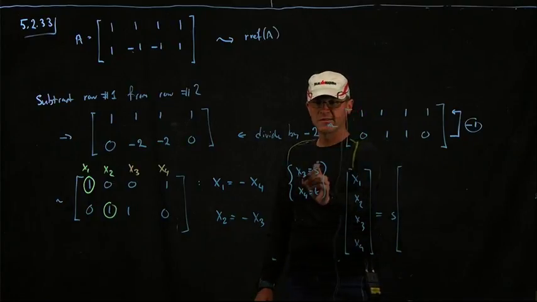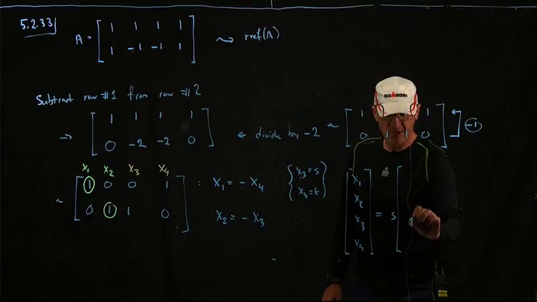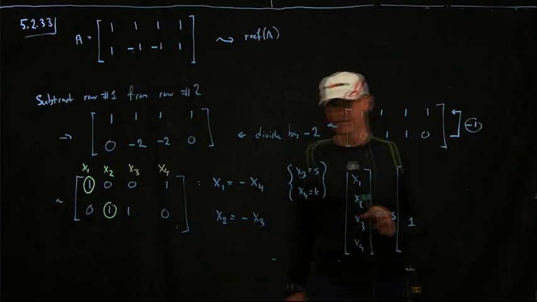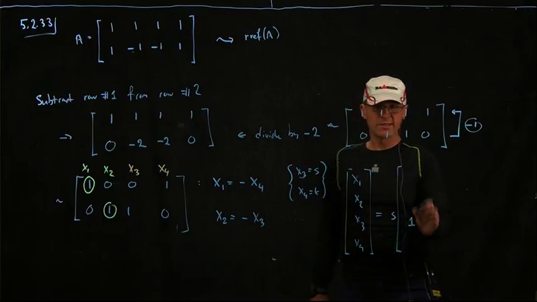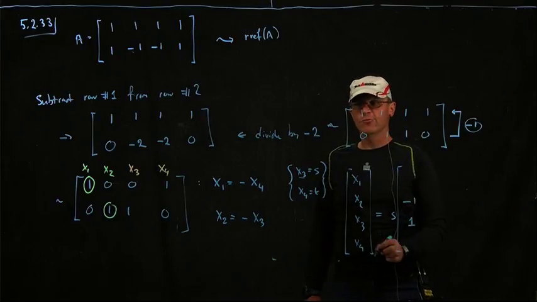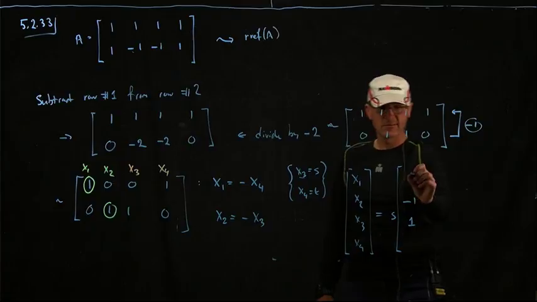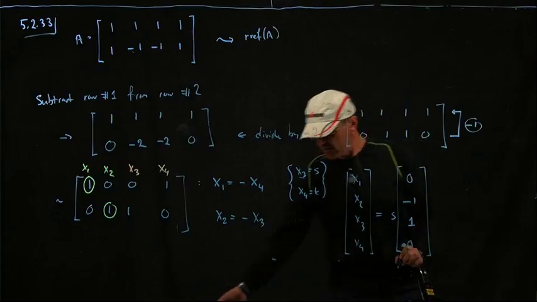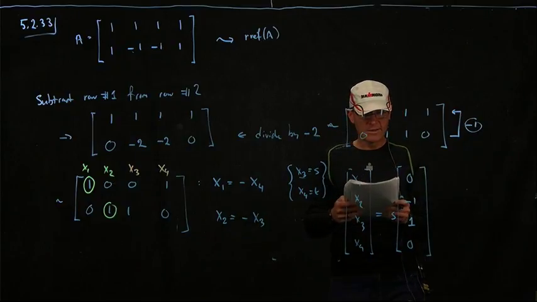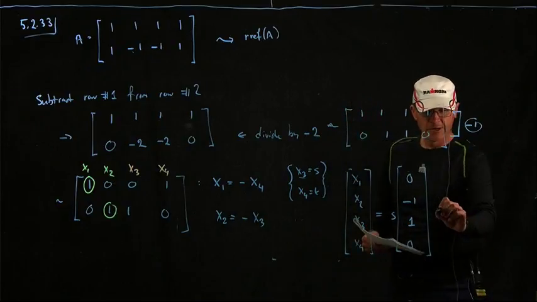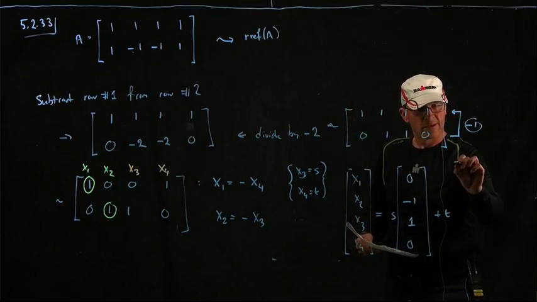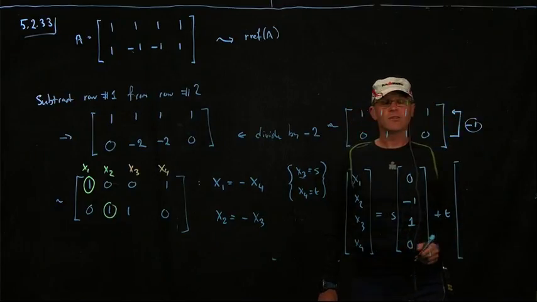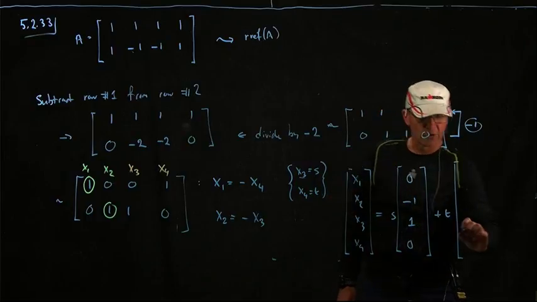So s is x3, so we have a 1 here, and x2 is negative x3, so negative s. x1 does not depend on x3, and x4 does not depend on that either. Then we have one more vector, that is x4.